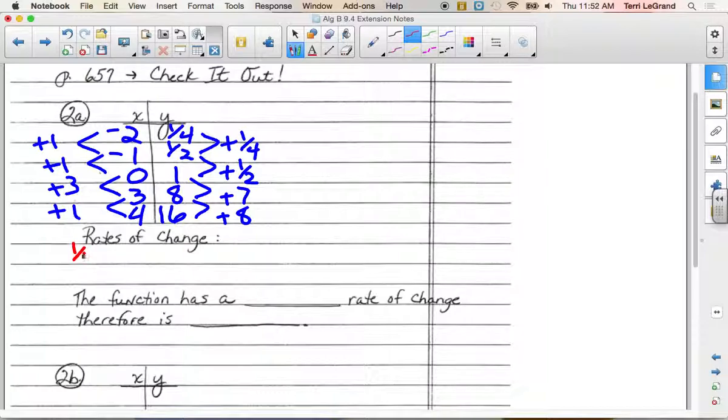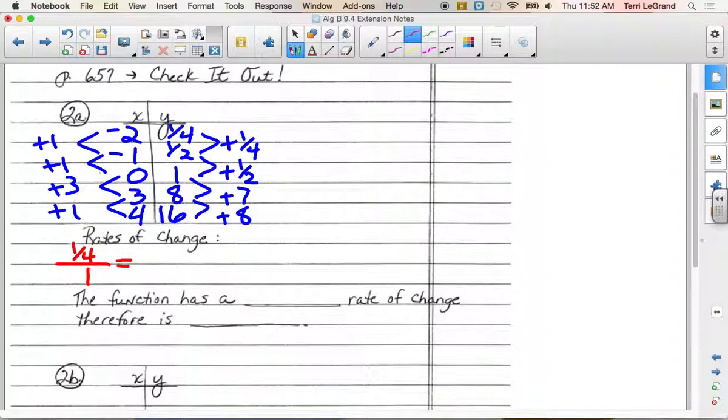Change in y over change in x. I didn't multiply. No multiplying going on here. It's for exponential. So we find the changes in x, find the changes in y, then we take that change in y with the corresponding change in x, put the y change over the x change and divide it out.